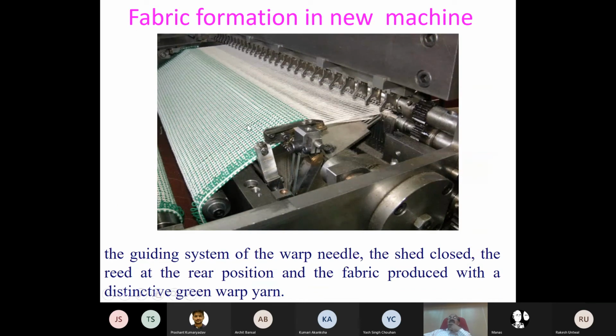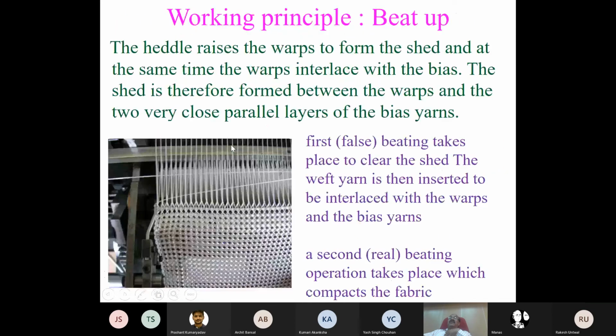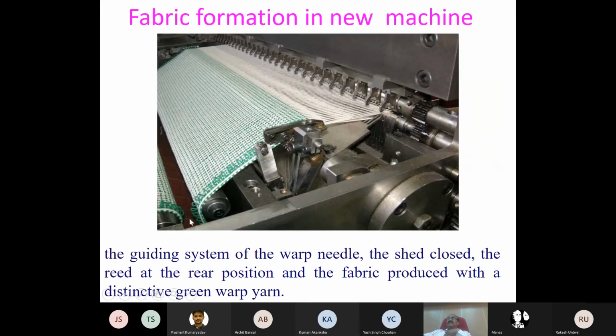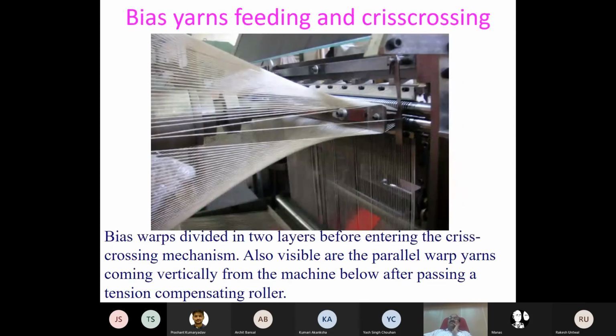So you can see here how the fabric is formed in second generation machine. You can see here the cover factor is more compared to the previous one where the cover factor looks like a net-like structure, but in this a very compact structure is formed. Okay, so that is the basic difference between first generation and second generation machine.